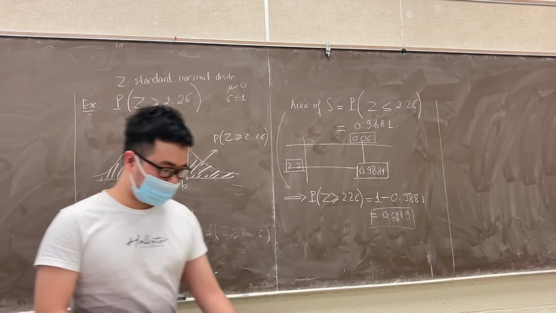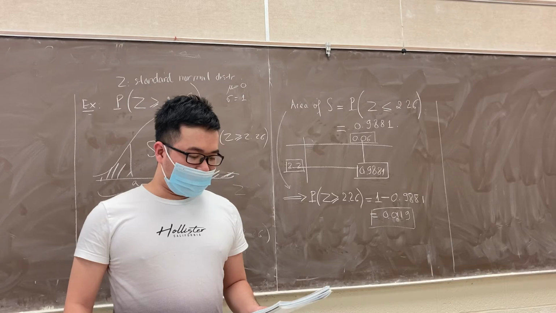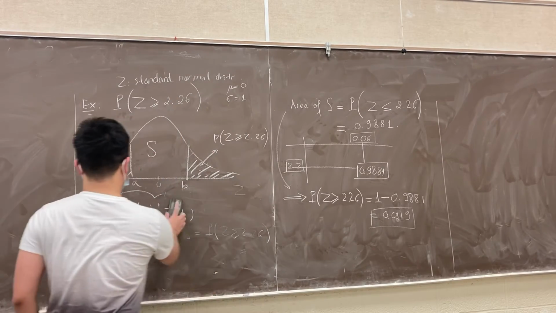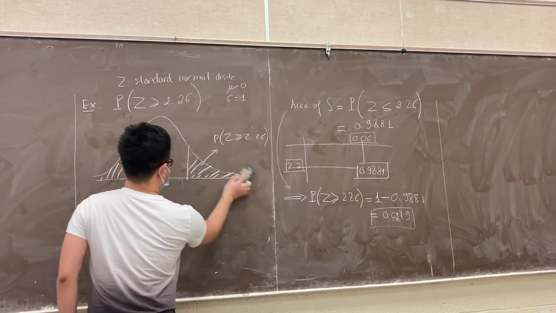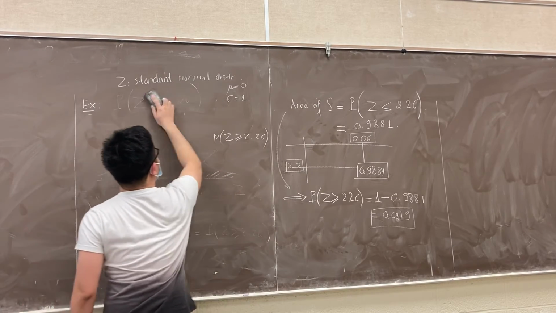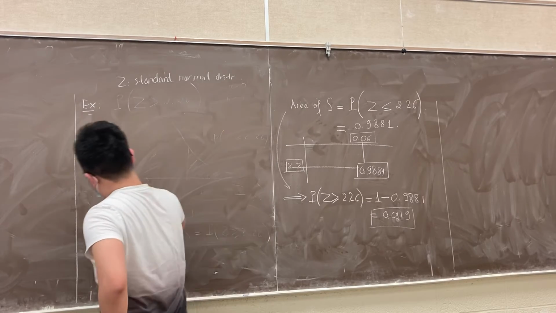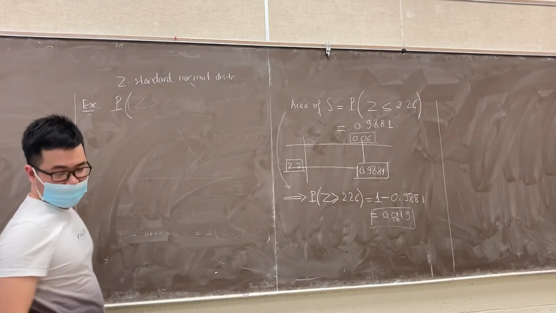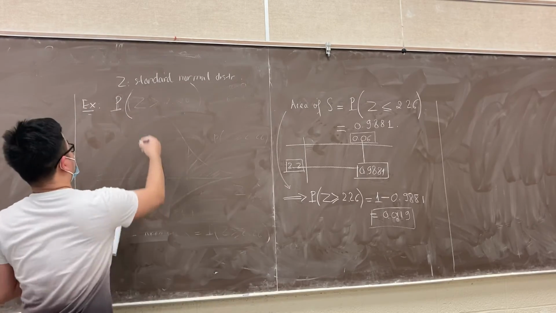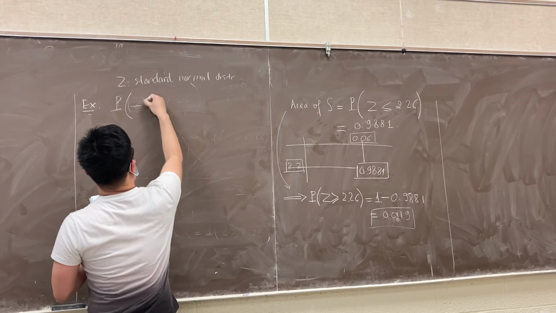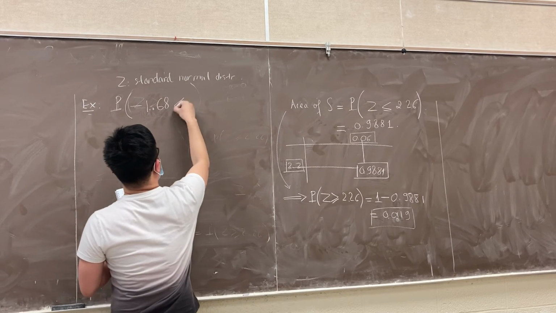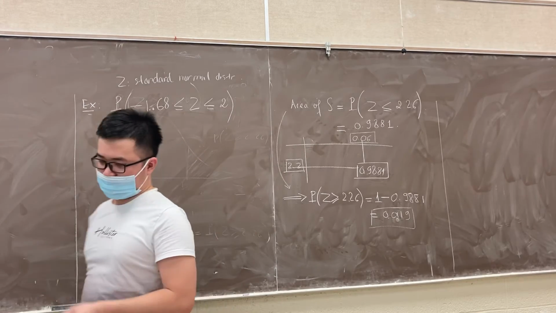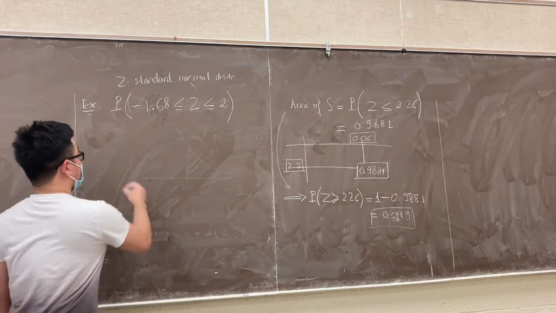Here I will give you another example for you to understand more about using the table. Help me to find the probability of Z between two numbers: 1.68 less than Z less than 2. I will draw the picture for this.